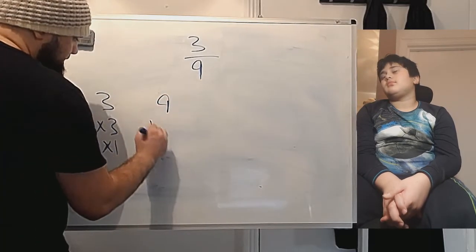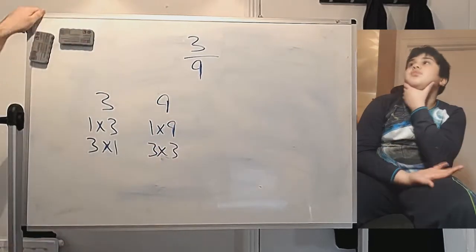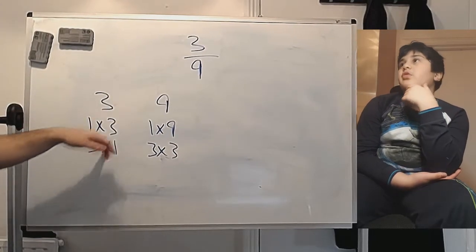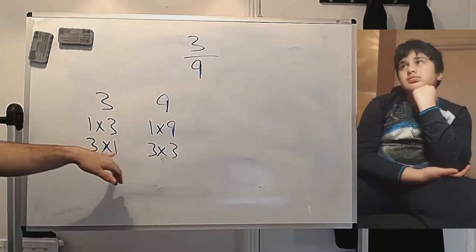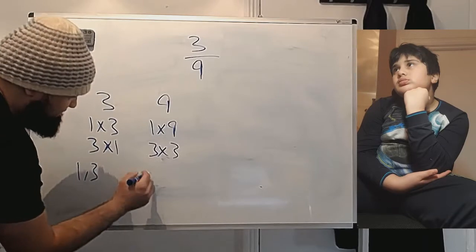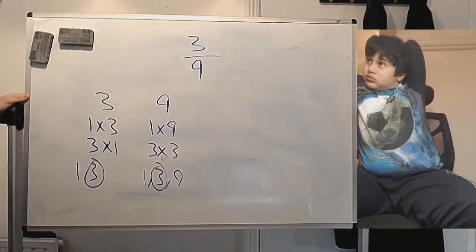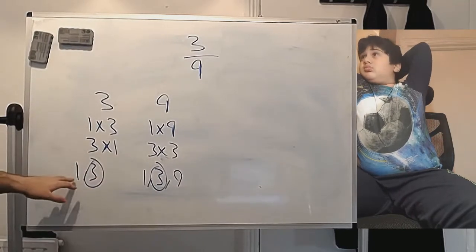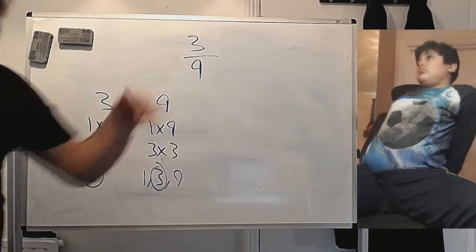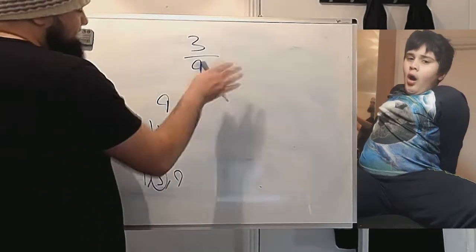The factors of 9 are 1 times 9, 3 times 3. So what's common between 3 and 9? They both have 3 as a common factor. If we list the factors of 3, it's 1 and 3. If we list the factors of 9, it's 1, 3 and 9. And they both have 3 in common, and it's the highest one too. They both have 1 in common as well, but 3 is a bigger number than 1. And we're always looking for the biggest common factor when we're simplifying fractions.